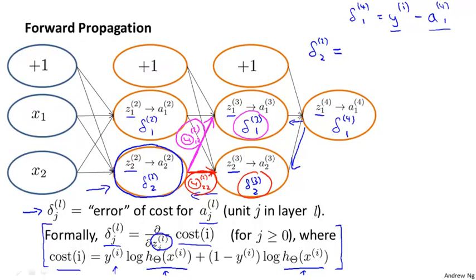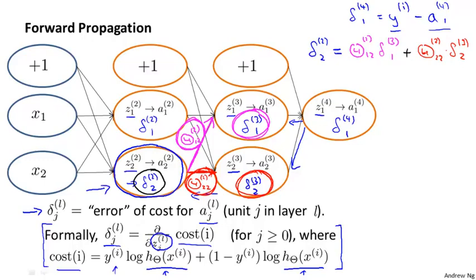So concretely, let me fill this in. This delta 2,2 is going to be equal to theta 2 of 1,2, which is that magenta weight, times delta 3,1, plus the thing I had in red, theta 2 of 2,2, times delta 3,2. So it's literally this red weight times this value plus this magenta weight times this value, and that's how we wind up with that value of delta.